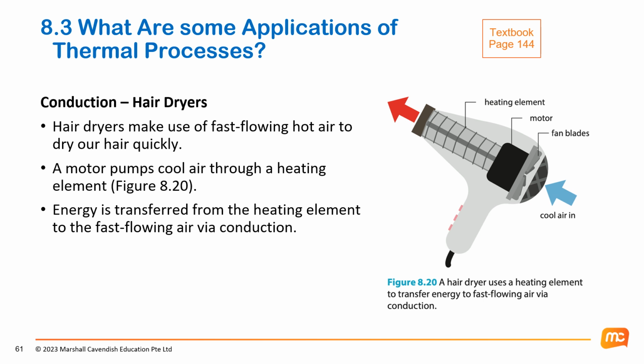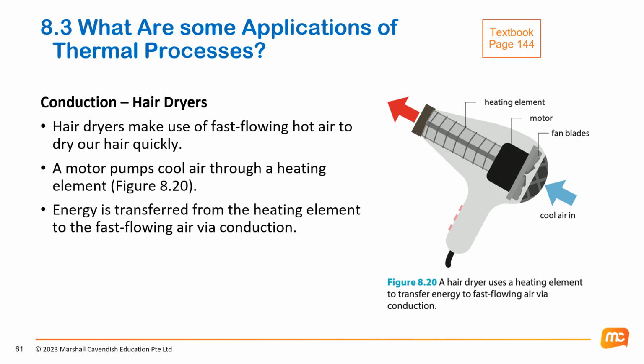Three, do we want the rate of heat transfer to be fast or slow? We want it to be fast, right? Because we want the air to come out very warm in order to dry the hair quickly. Four, how can we achieve a high rate of heat conduction?